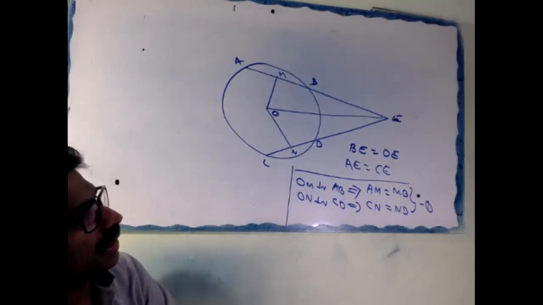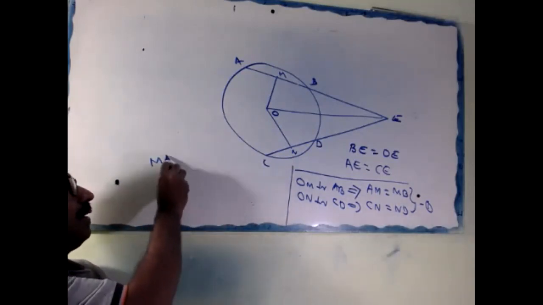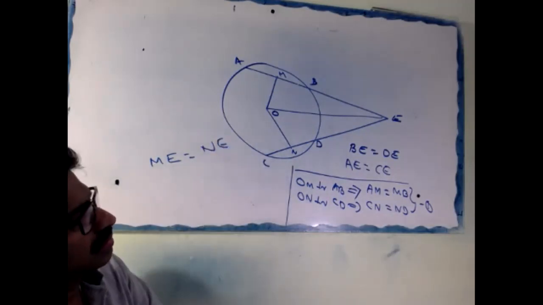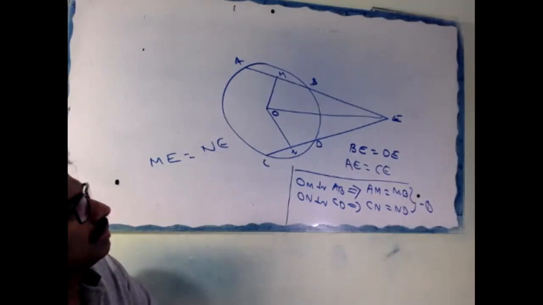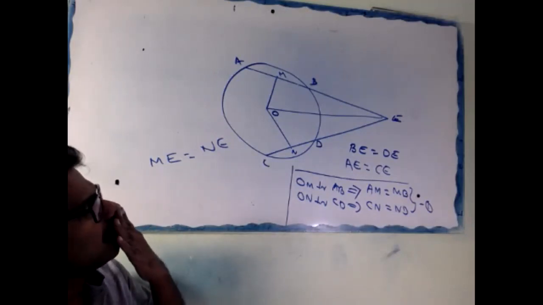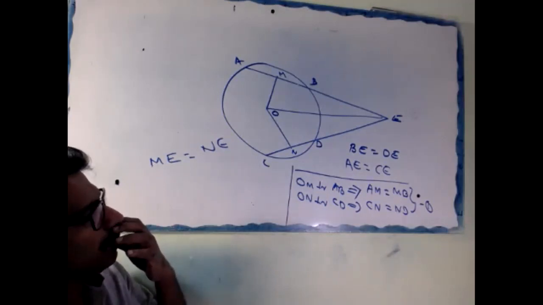Hence ME equals NE by CPCT. Okay, clear now?